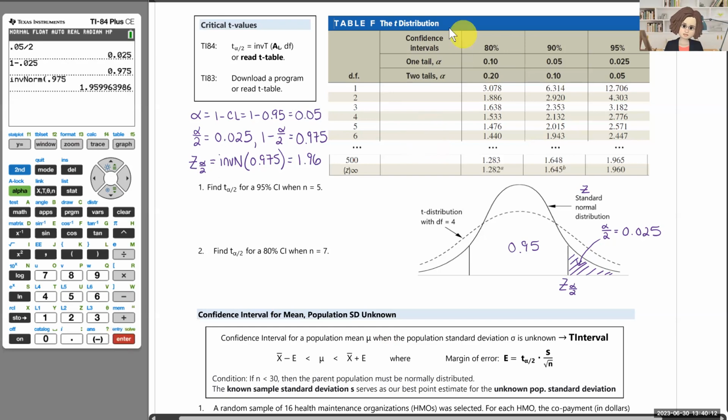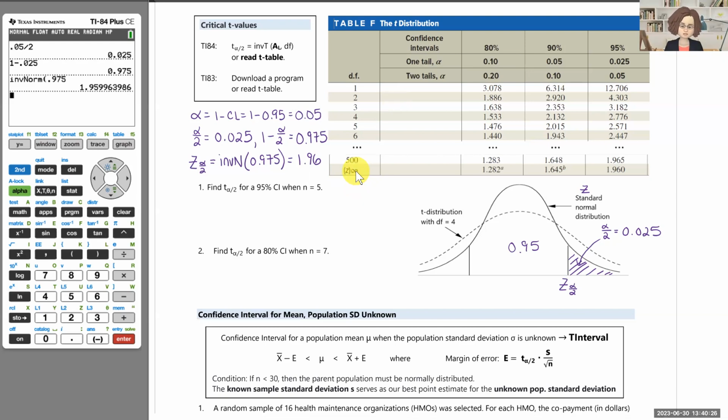So I'm going to make a note here on the t-distribution table. The very last row on the table, it says z infinity. So the idea here is that a t-distribution begins to look like a z-distribution as the sample size increases. And another way of saying that is as the degrees of freedom of a t-distribution increases, it starts to become a z-distribution.